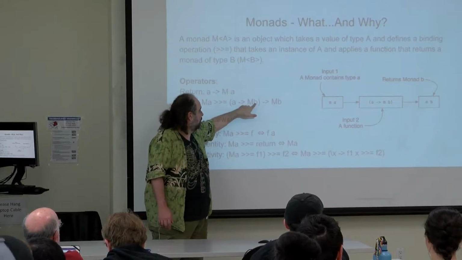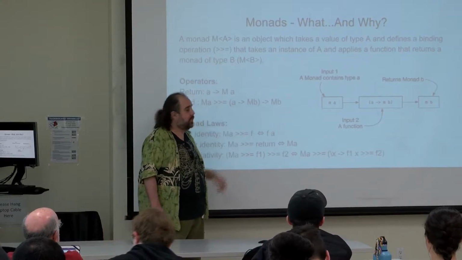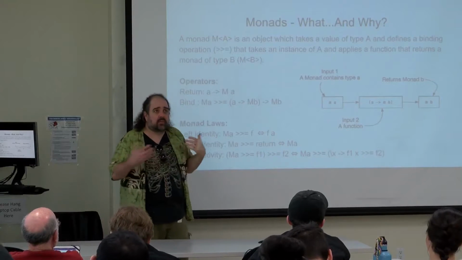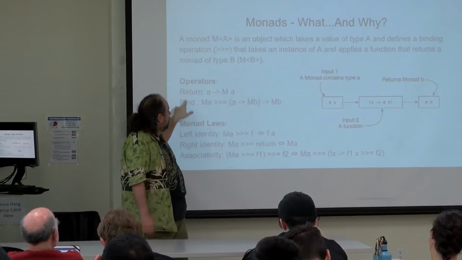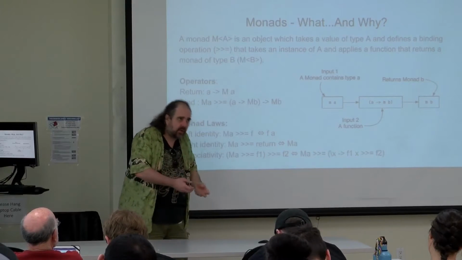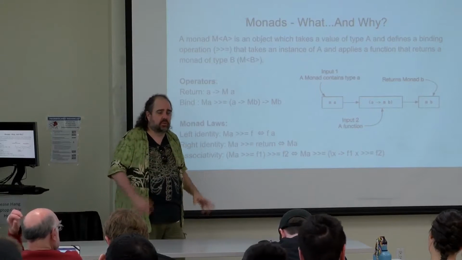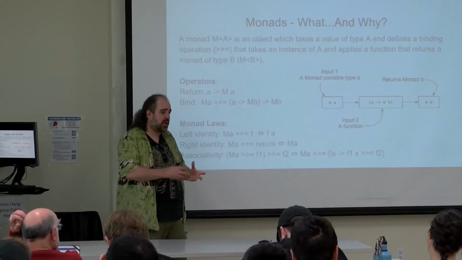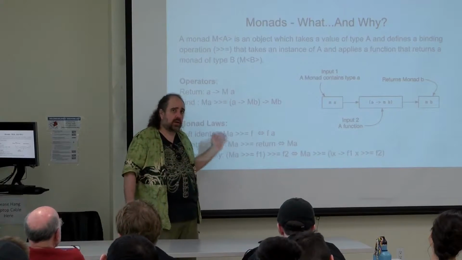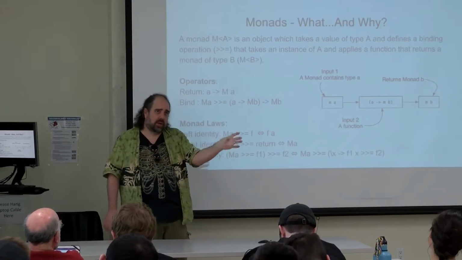So this type B could be an integer, it could be a string. So for example, if we have a monad of integer and we want to convert it to a string, we would bind it to a function that returns a monad of string, and that underlying function would do whatever you do to make a string in that language, and then assign it and make a new monad of string. Now you've gone from a monad of int to a monad of string.